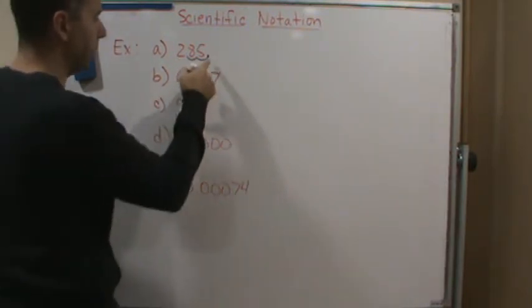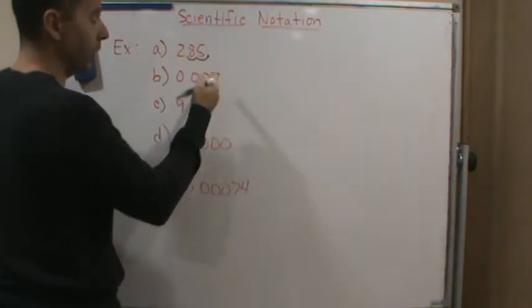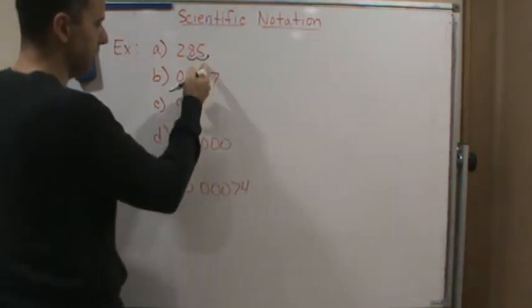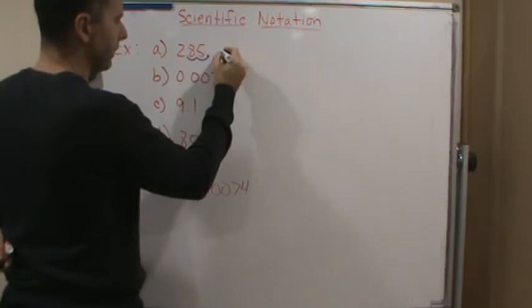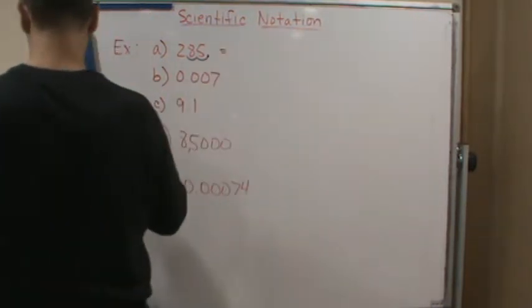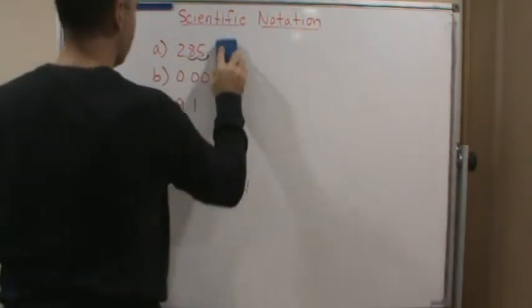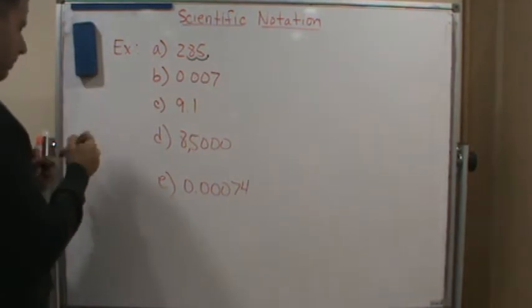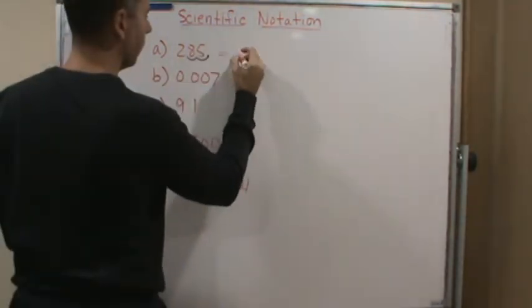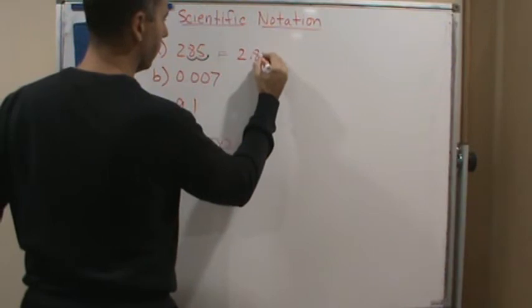So now, how many place values did I move, and what direction did I move? I moved 2 places to the left. So I'm going to write this, oops. Right?